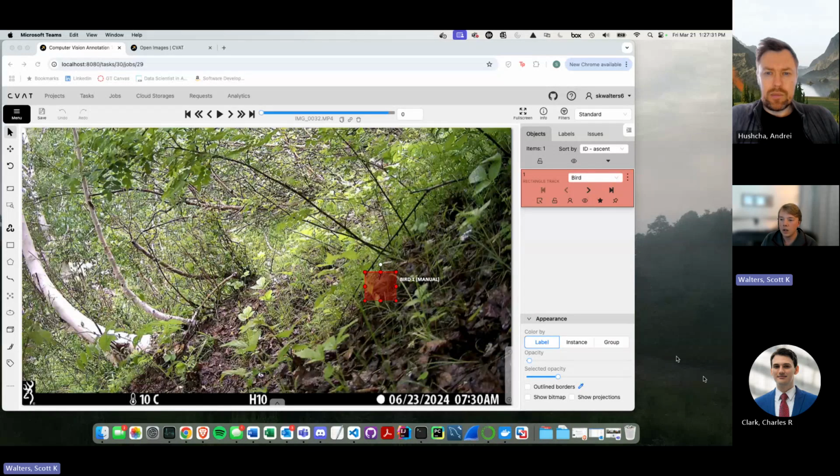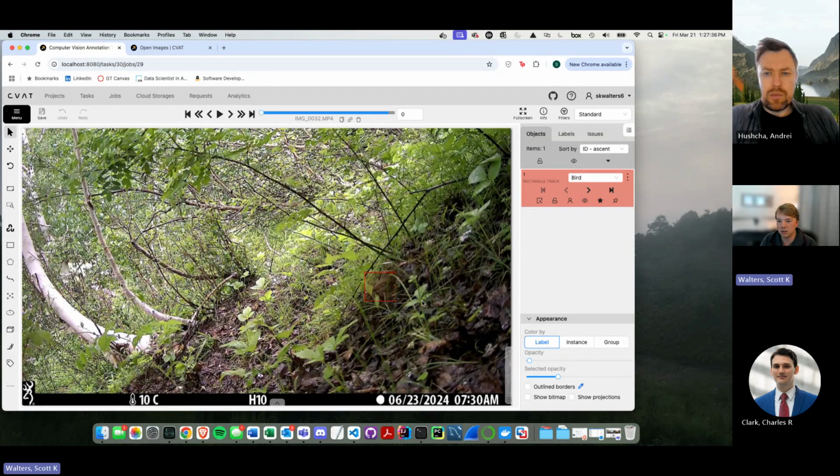I think right now our best results are very spotty, and I can show you. I'll share my screen quickly. The actual nest is just a little hole in the ground right there, and it's very difficult to see.